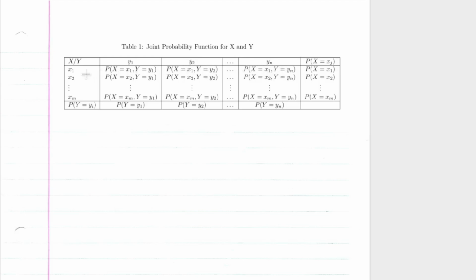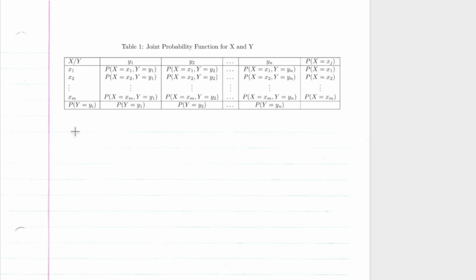This would be the probability that x is equal to x sub 1 and y is equal to y sub n. And as you can see, I have a little column here, right? This is the probability that x is equal to x sub j, where j represents any of these rows here, any of these rows that I choose.